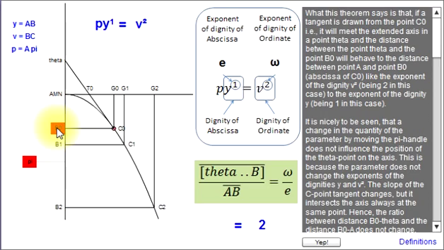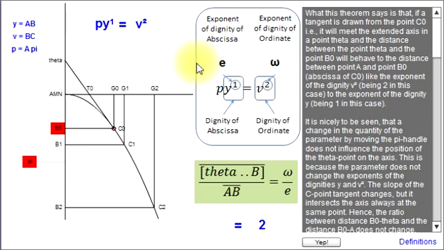And he found that this proportion actually exactly matches the proportion of the exponents of the dignities. So we have omega as the exponent of the v dignity, the dignity of the ordinate, and we have e as the exponent of the y dignity, which is the dignity of the abscissa.